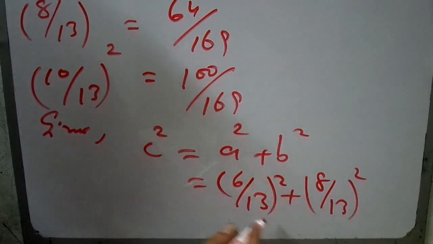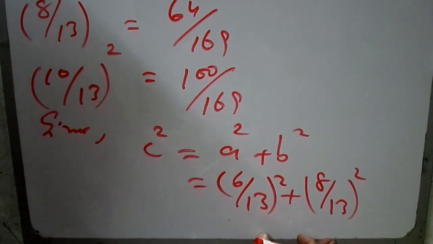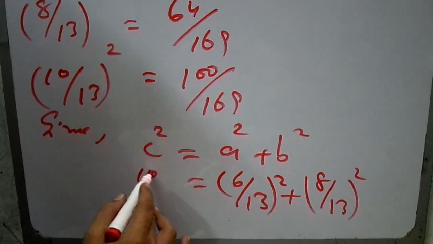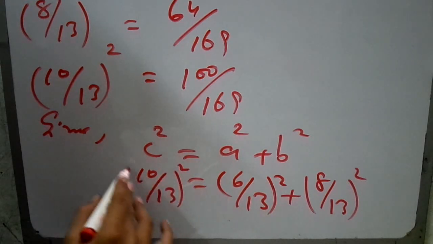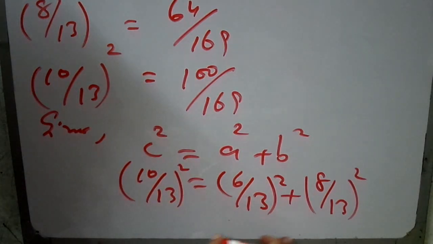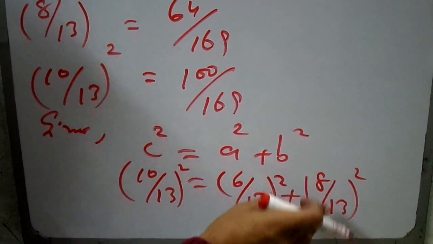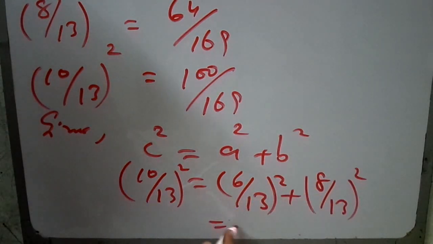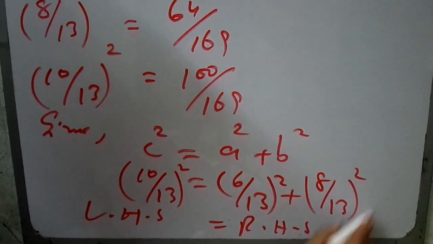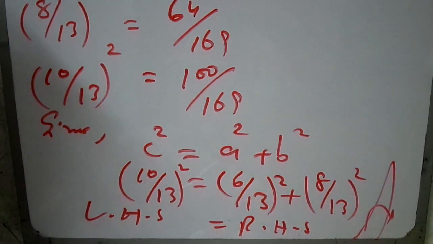If I take these terms on the right hand side and the left hand side term 10 by 13 whole square, first of all I have to remove the square, then taking LCM, it is clear that left hand side is equal to right hand side. So that is your result. So these are the lengths of the sides of a right angle triangle.